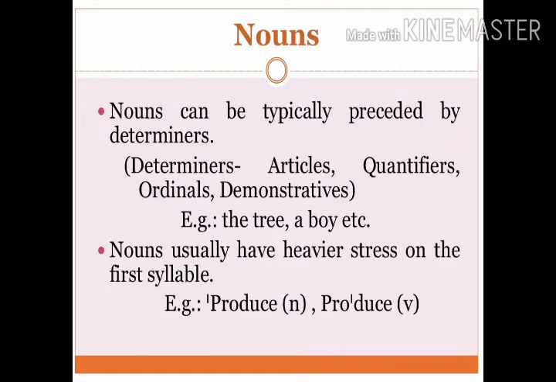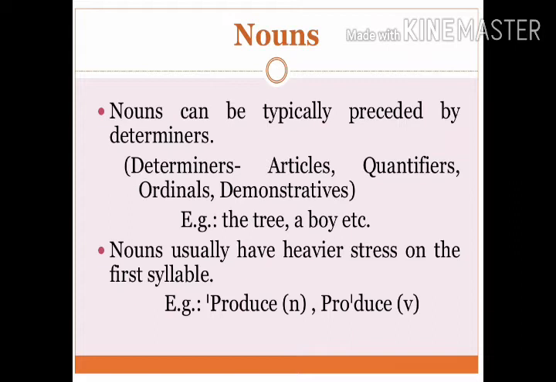Nouns can be typically preceded by determiners. There are 4 types of determiners: articles, ordinals, quantifiers, and demonstratives. For example, the tree, the boy, a cart, etc., but not the wind.